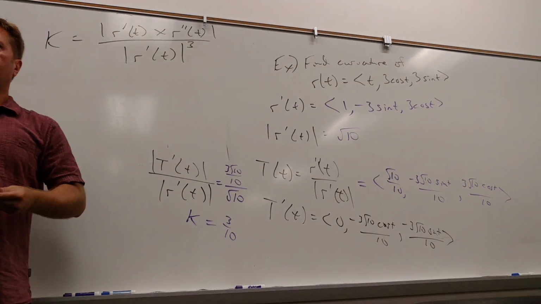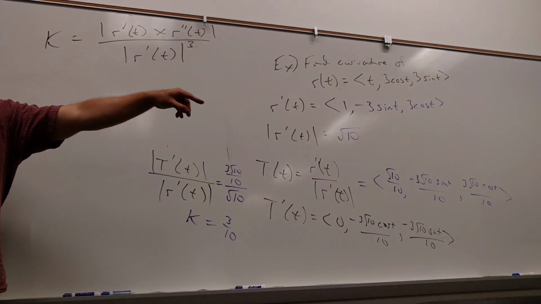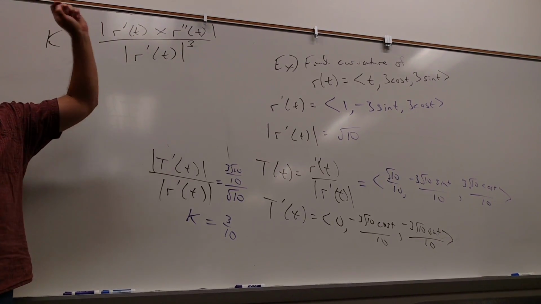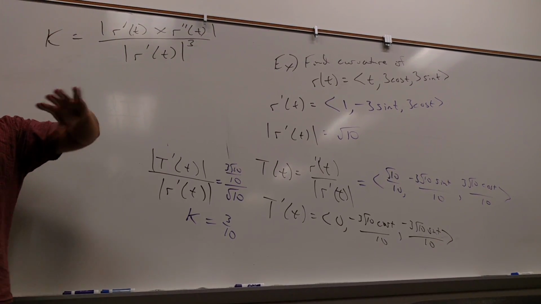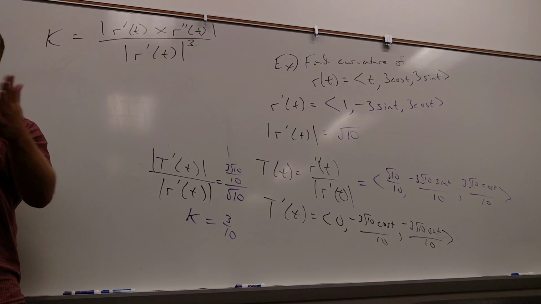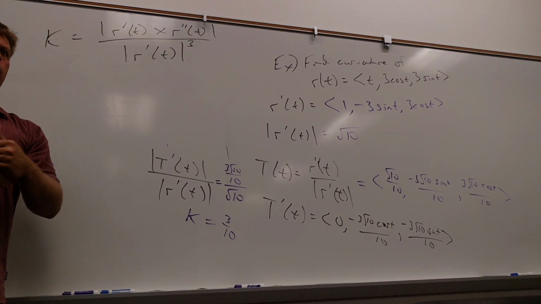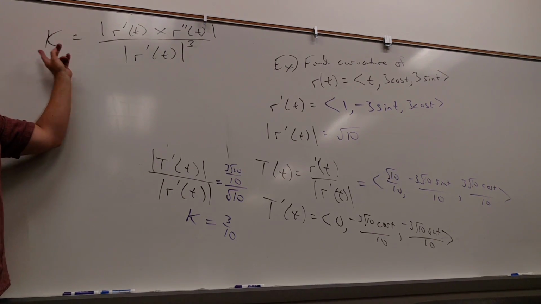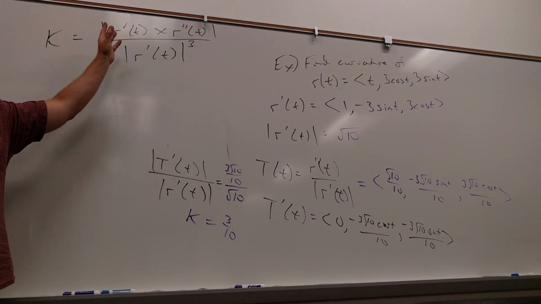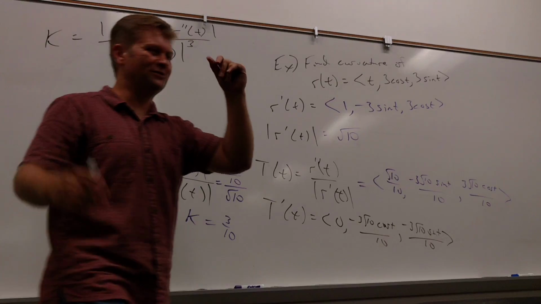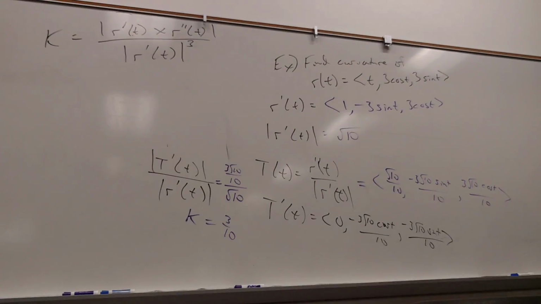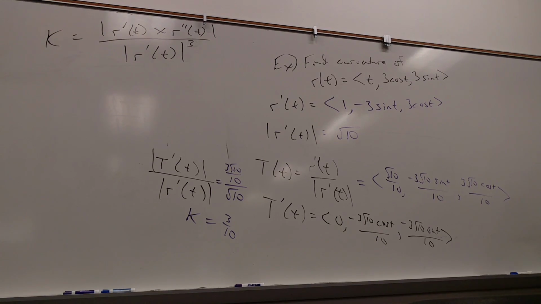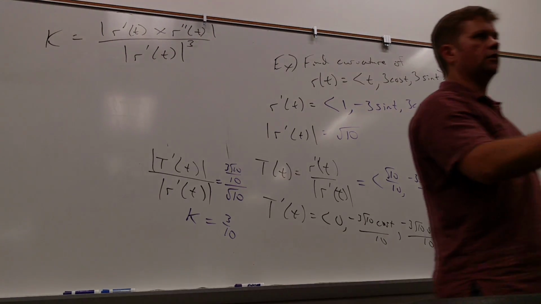Believe it or not, if what I just said occurs, it actually is preferable to do this, because then you're just purely attacking the r. You don't have to make a T and then take T prime. You're just purely attacking the r over and over again. So let's try this out and see if we get the same answer. If you're curious, on page 905 they show you the derivation of it. I'm not going to.